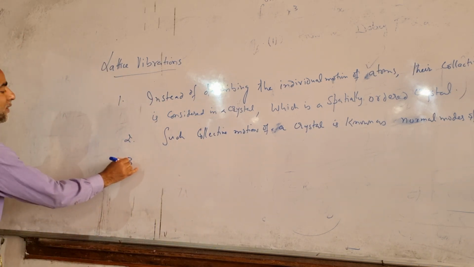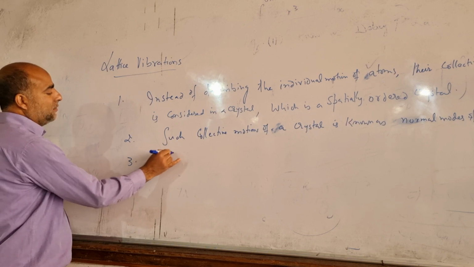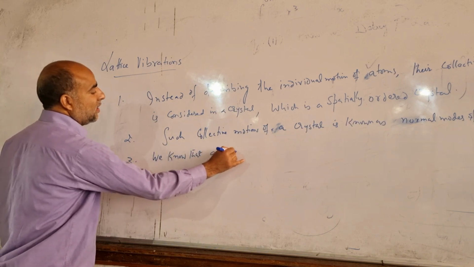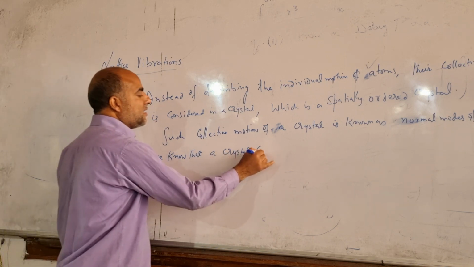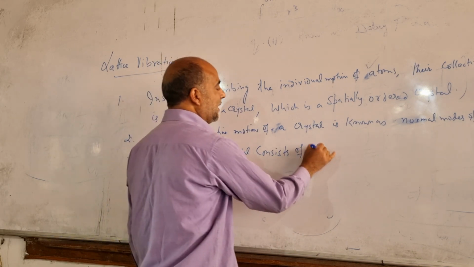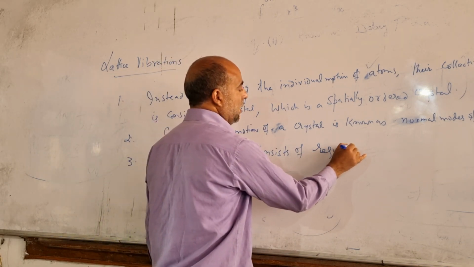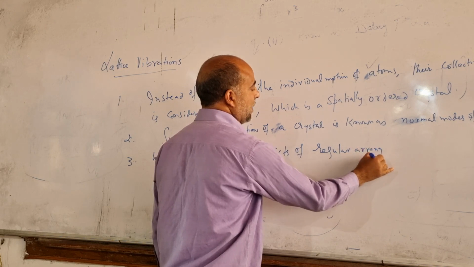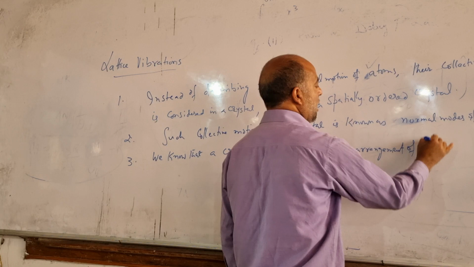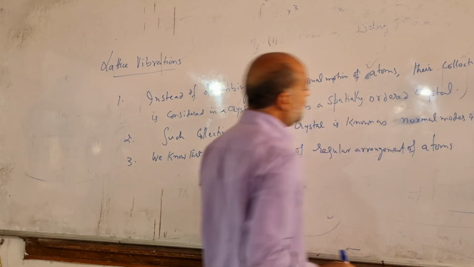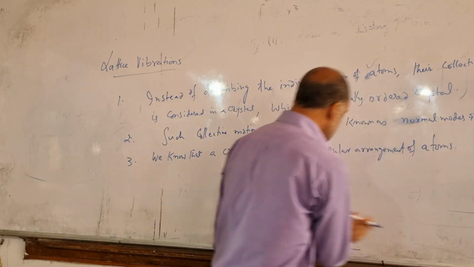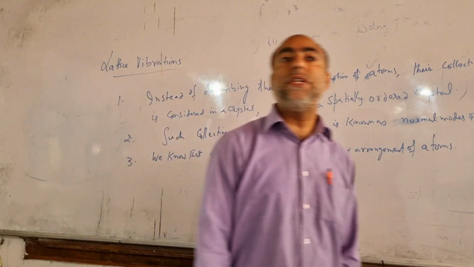And the third thing that we know is that a crystal consists of a regular arrangement of atoms. But what happens to this regular arrangement of atoms at absolute zero?